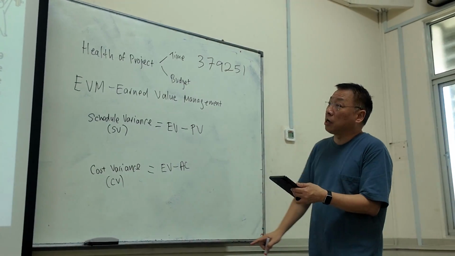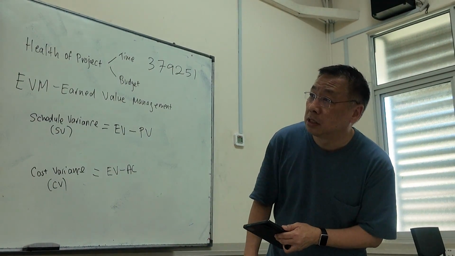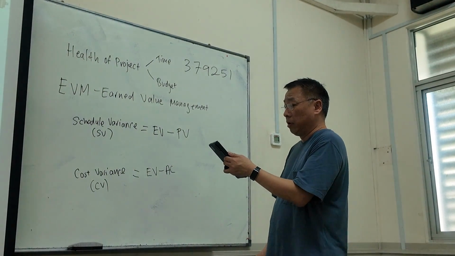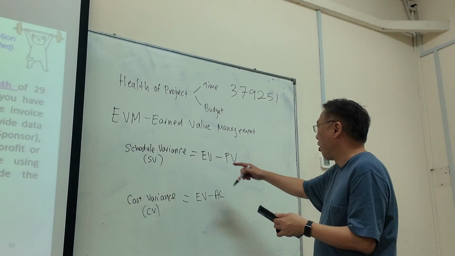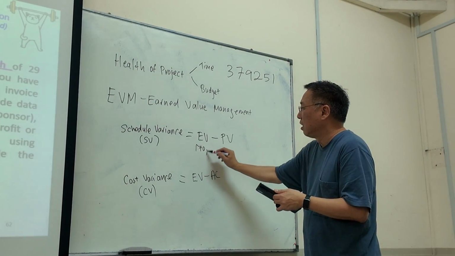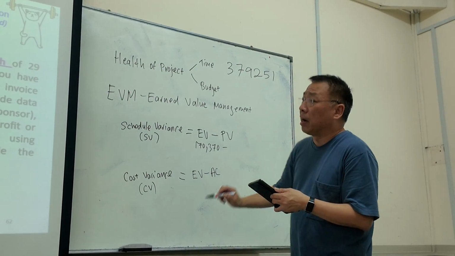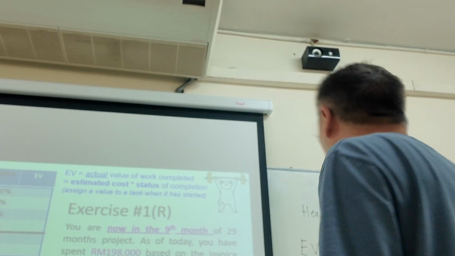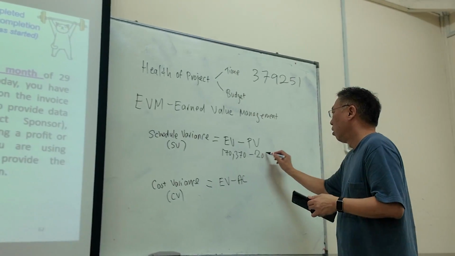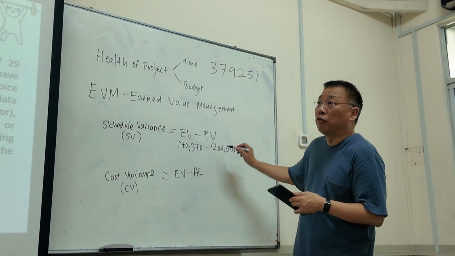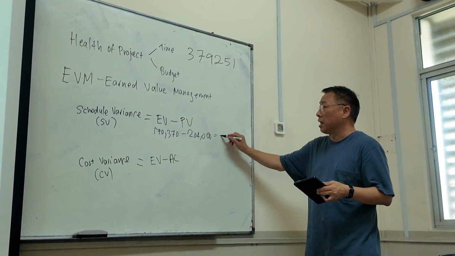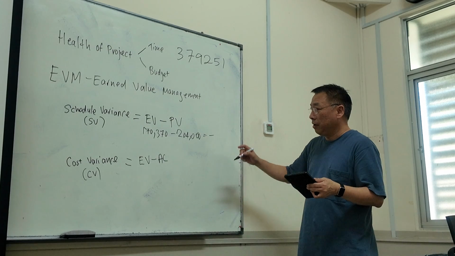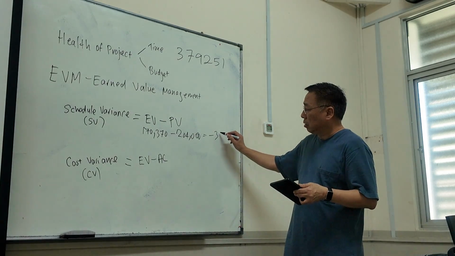Okay. So in our case, our EV is 170,370, right? So our EV is 170,370 minus PV, which is 204,000, right? Yes. Okay. So you have a number here. It's a negative number, right? What's the number? 33,630.